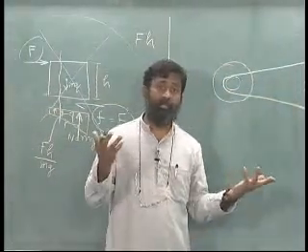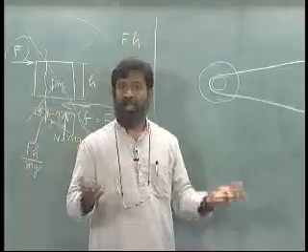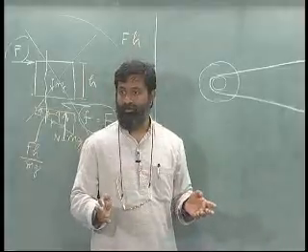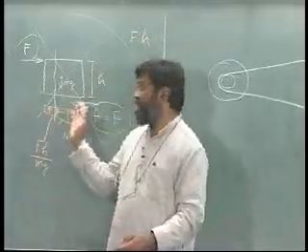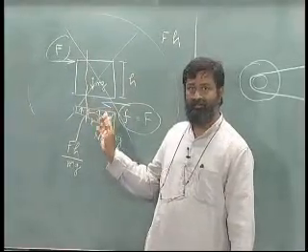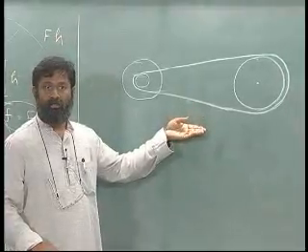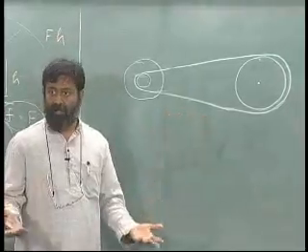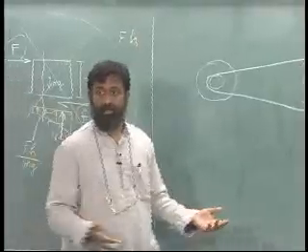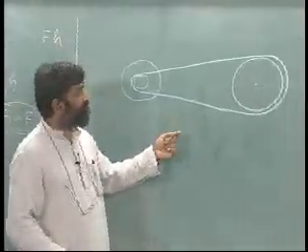There could be slipping, there need not be slipping. The two conditions are handled very similar to handling motion and statics over here. So, let us do this kind of a problem, because this is one of the problems that we will encounter in mechanical engineering and similar engineering applications.